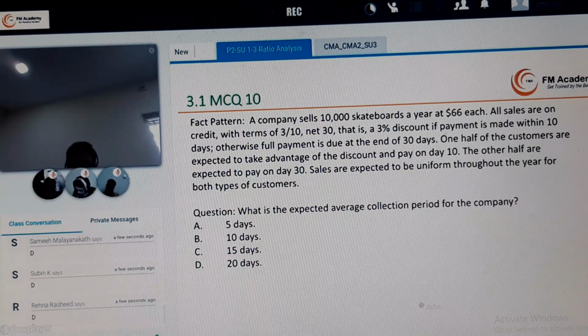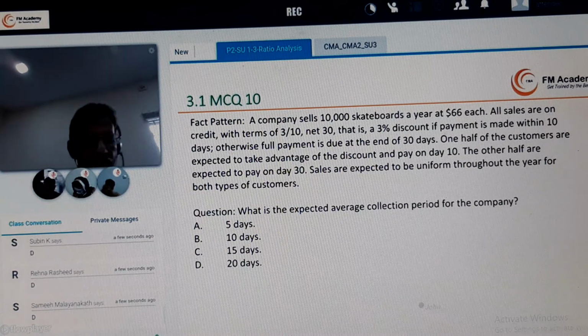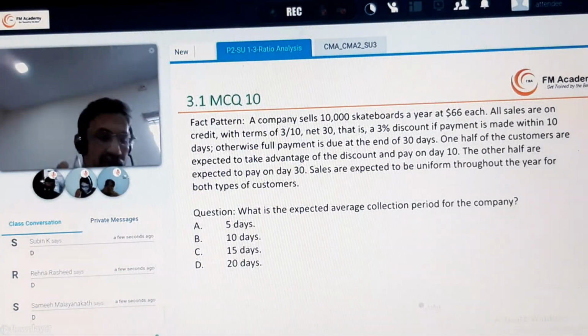Give your answer fast because we are running out of time. I have to finish off this study unit today. Okay, Sami got the answer. So please stop. Let me work out.